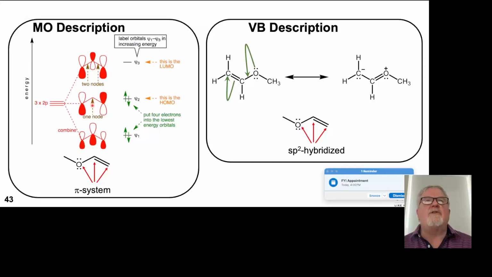The next energy level, we have a node here, and we have a big gap. So in this case, 2 electrons from the oxygen p orbital contribute, and we see that we have some electrons in there. And then our last energy level is unoccupied. So this is the molecular orbital description for the methyl vinyl ether system, pi system only.